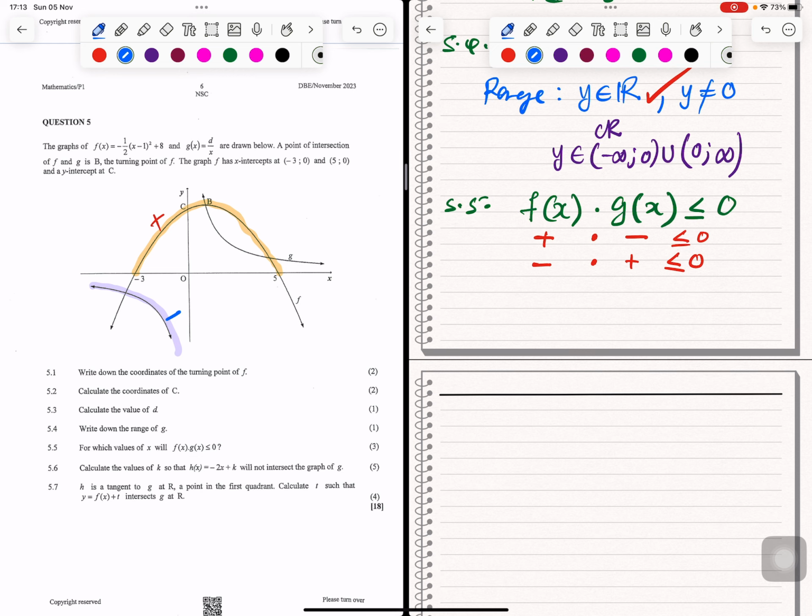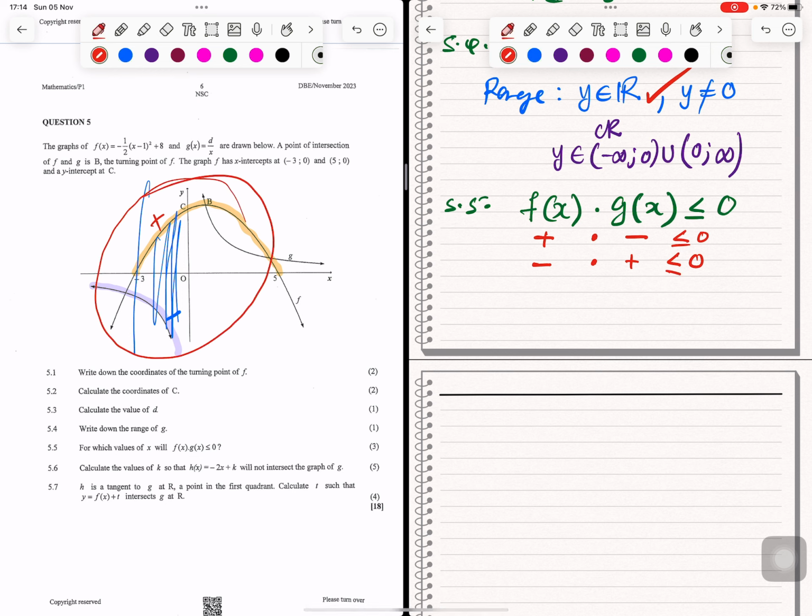If you check, when x is -3 and you multiply these two graphs, they are going to give you less than 0. But your problem now is that when you take 0, this graph won't be defined at that value of x.